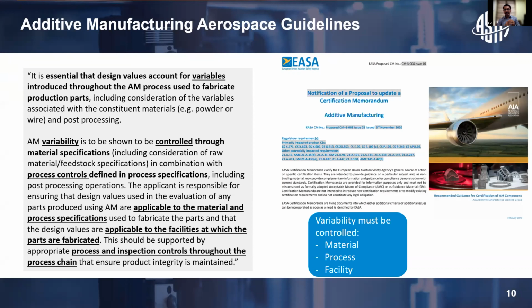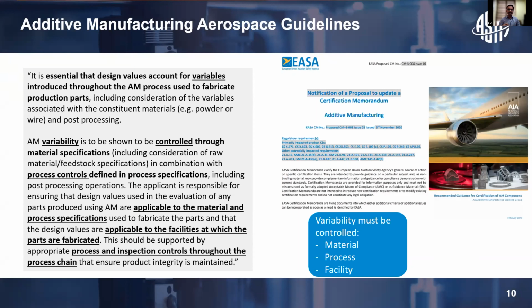So we have to make sure that once you design a part based on some design values, those design values need to remain fixed. So any variation on those design values could affect your part properties.